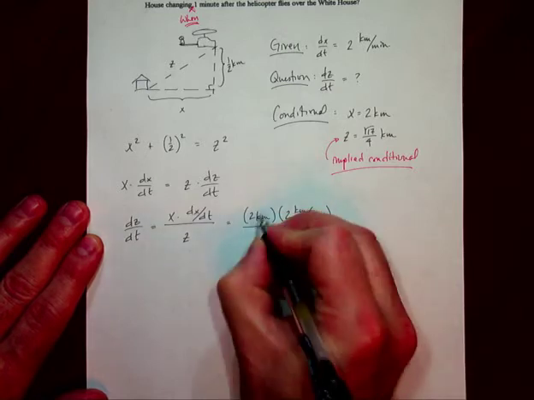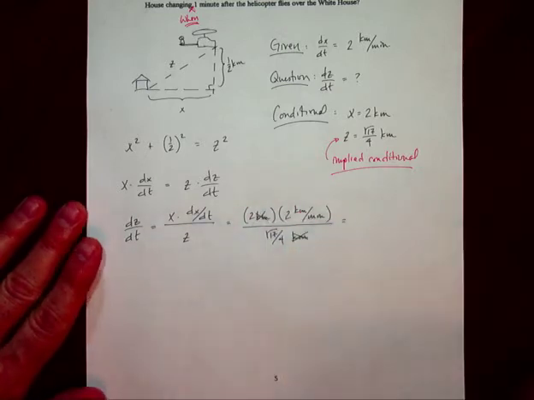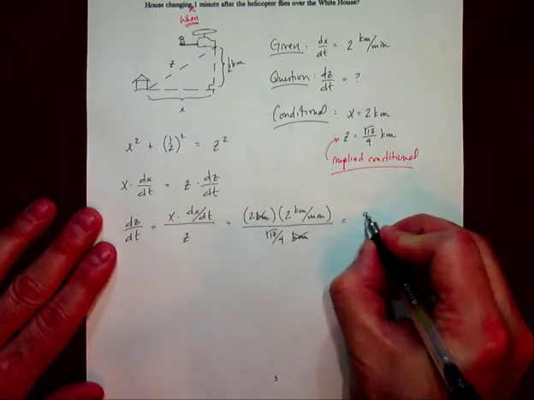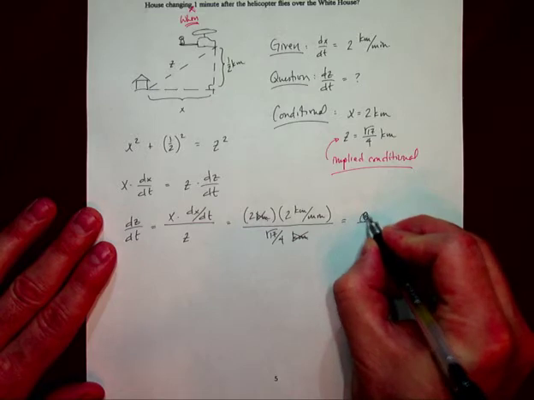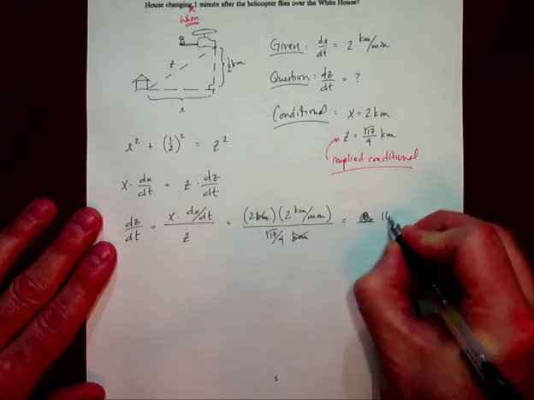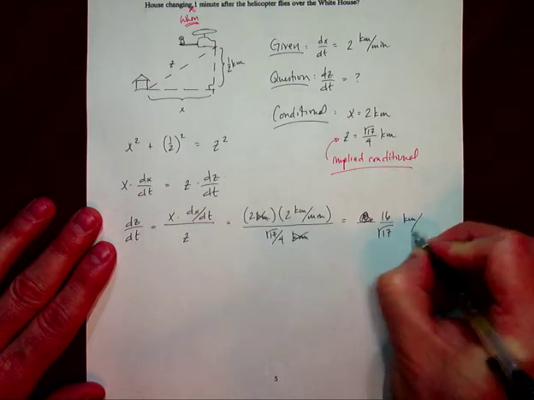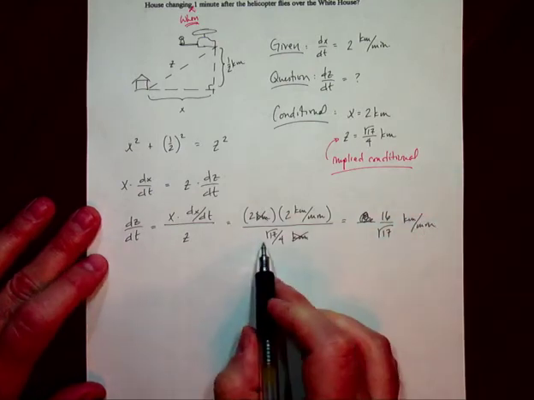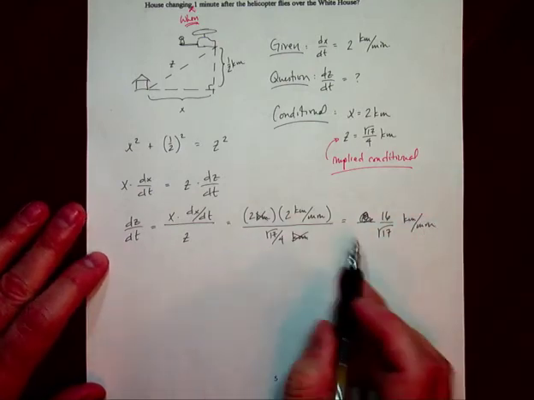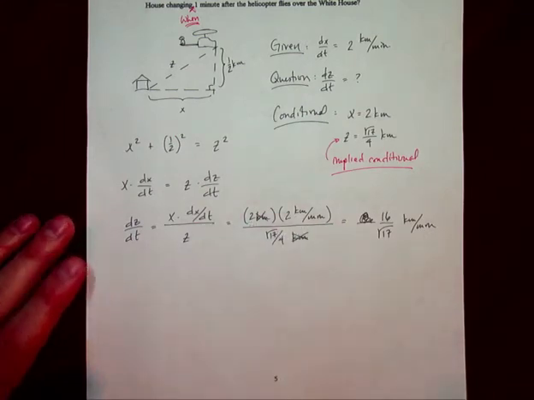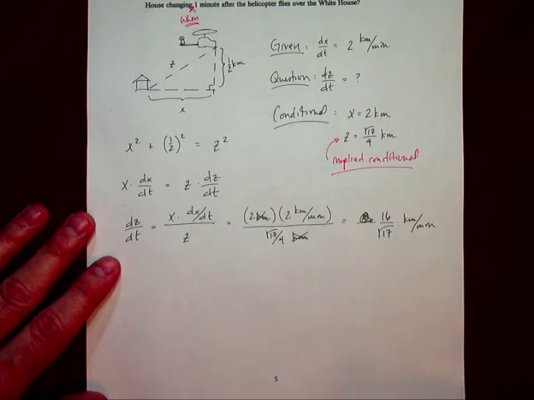The kilometers cancel out, and this winds up being 16 over root 17 kilometers per minute, because to divide by root 17 over 4 is to multiply by 4 over root 17, and 4 times 4 over root 17 is 16 over root 17.